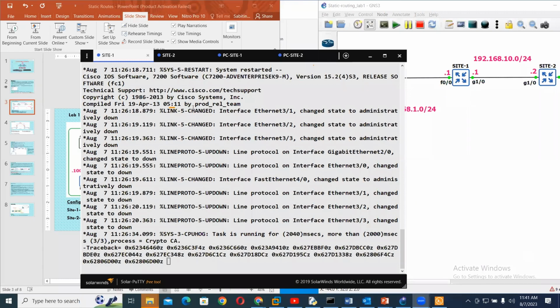I've just opened the console and also configured the interface IPs because of the time.